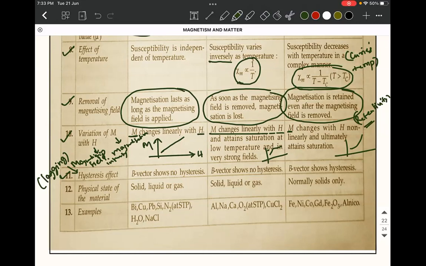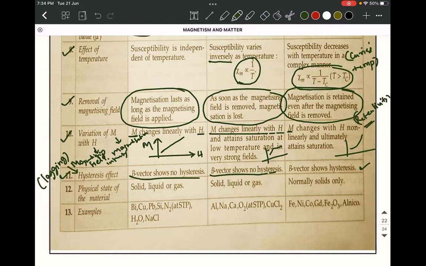When you talk about hysteresis, observe that the magnetic induction vector generally doesn't show any hysteresis for a diamagnetic substance, and for a paramagnetic substance, there is going to be no lag between the magnetic induction and H. About this hysteresis, I'll deal in detail, that is a separate topic. Whereas ferromagnetic substances show hysteresis.